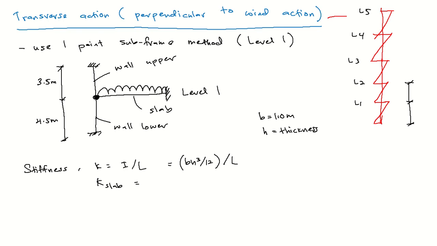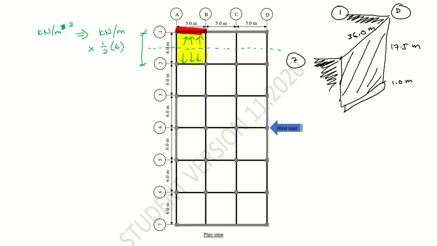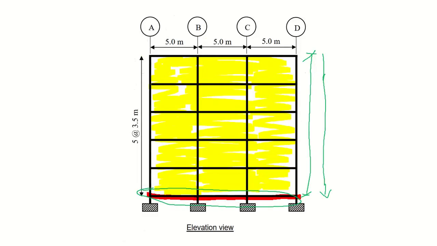And the L refers to this: this is the L of the slab, this is the L of the column. Here is 3.5, 4.5. How about this one here? Let's look at the figure. This is from the elevation view.